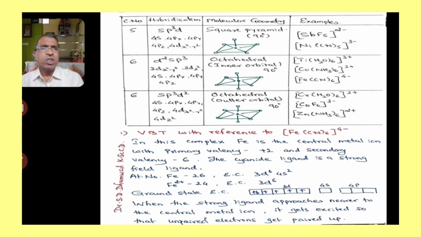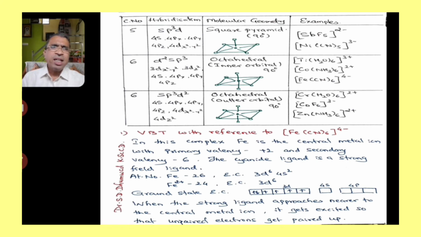The valency of iron we don't know, so we call it X. Cyanide valency is -1, and there are 6 cyanides. So X minus 6 is equal to the total charge of the complex, that is -4. Therefore, X is equal to +2. This is how the primary valency of any complex compound or ion is calculated.